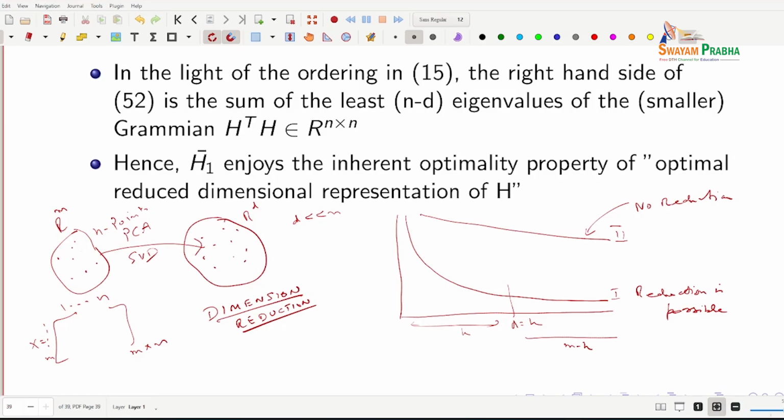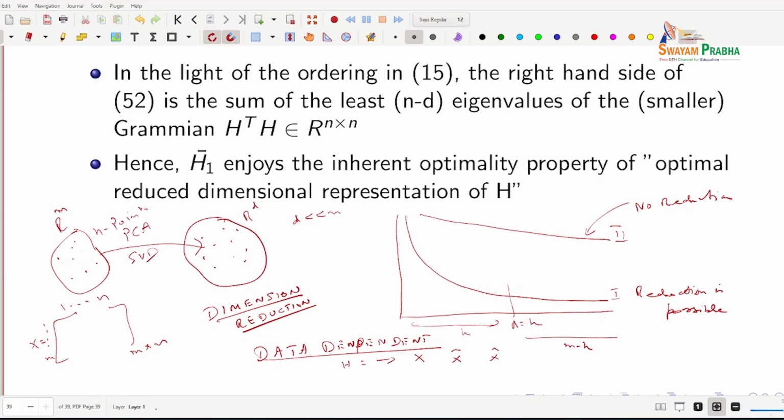And what is another observation? This PCA is a data dependent analysis. Why is it data dependent? It depends on the matrix X, X tilde, X hat, and H being set to one of X or X tilde or X hat.